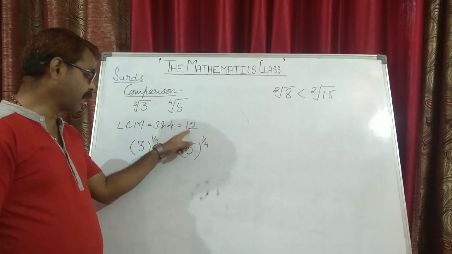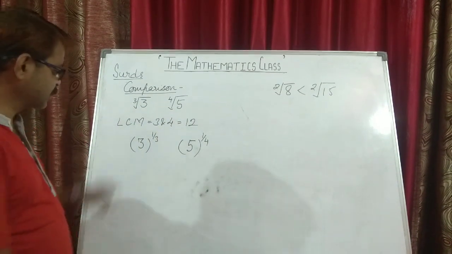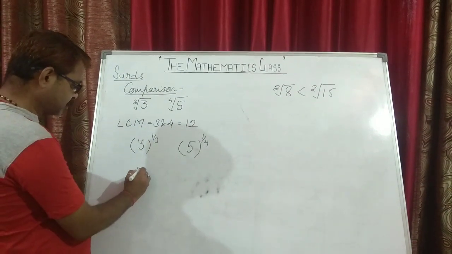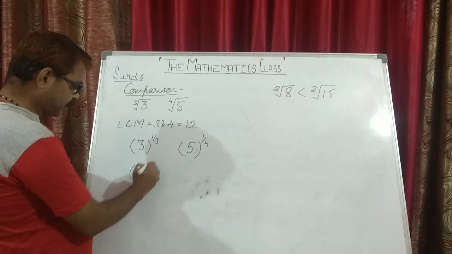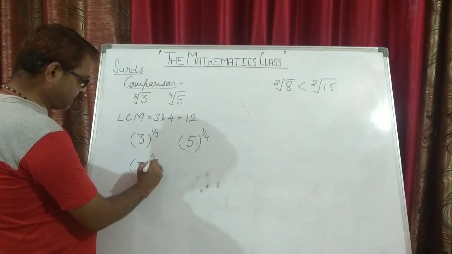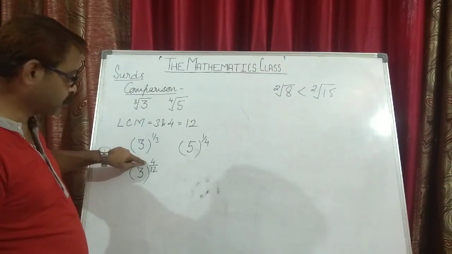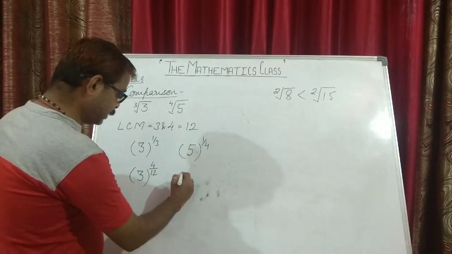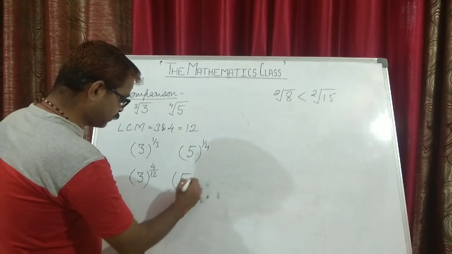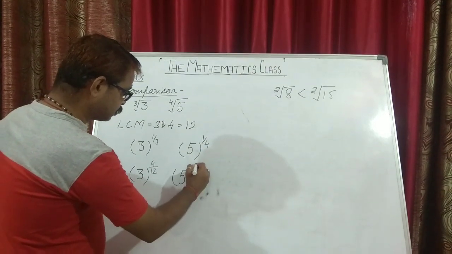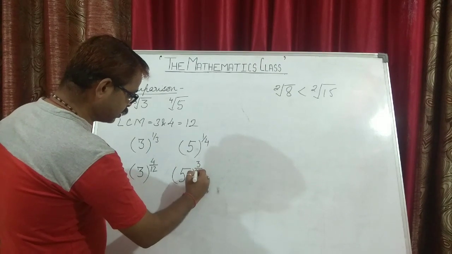We have to write it as 12. It means this can be written as 3 to the power 4 upon 12, 1 upon 3 written as 4 upon 12. At the same time, this can be written as 5 to the power 3 upon 12.